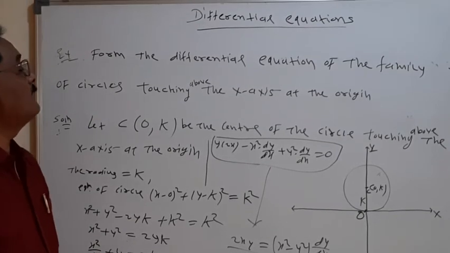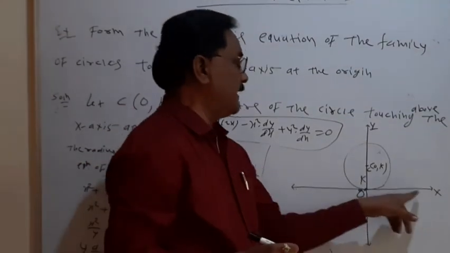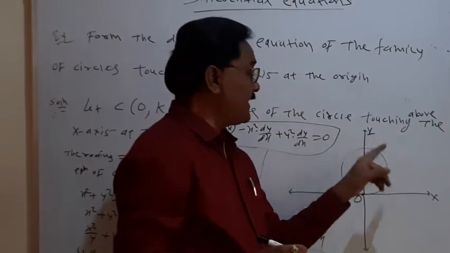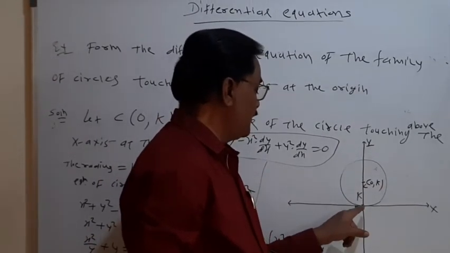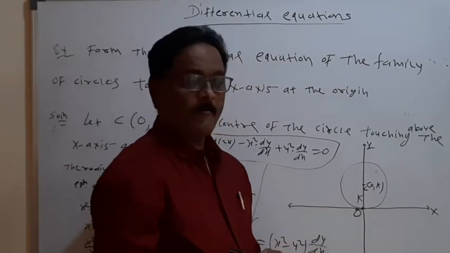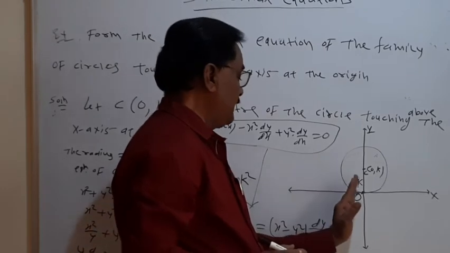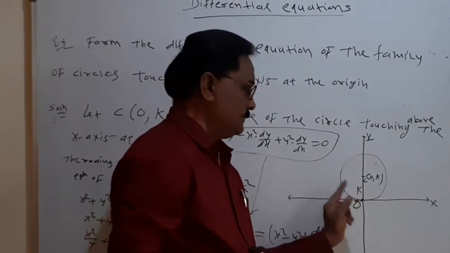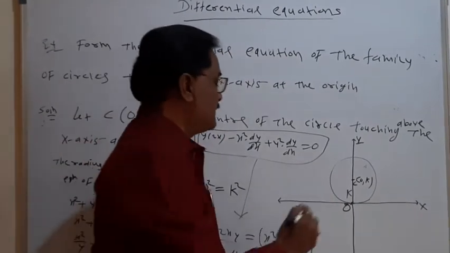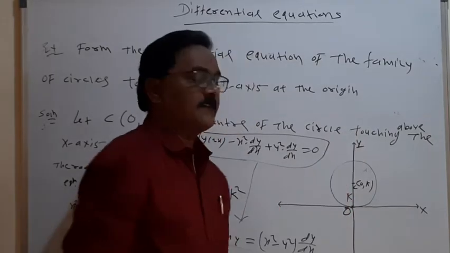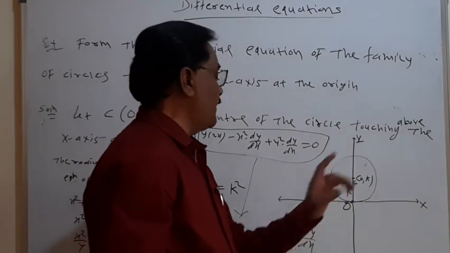Then it is given that the circle touches the x-axis at the origin, 0, 0, above the x-axis. Then the center of the circle has horizontal distance 0 and vertical distance k. This distance k is the radius of the circle. k is the radius, and the center is 0, k.